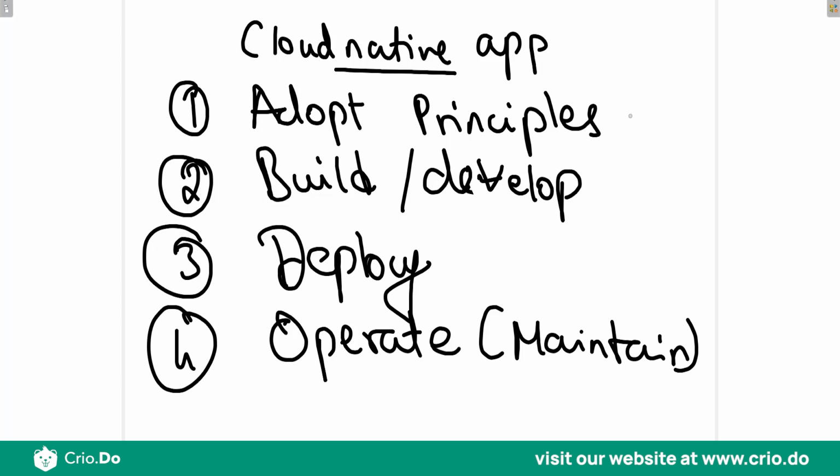You can say there are 4 basic steps. First, you adopt the principles of cloud native application. Using those principles, you develop and build your application. Once built, you deploy it. And once you deploy it, you maintain or operate it. We will now see what goes inside each of these steps. The first step that we saw is the adopt part, right?